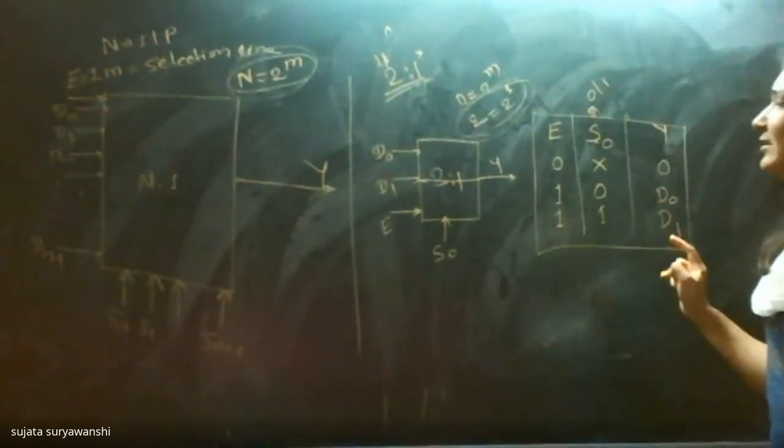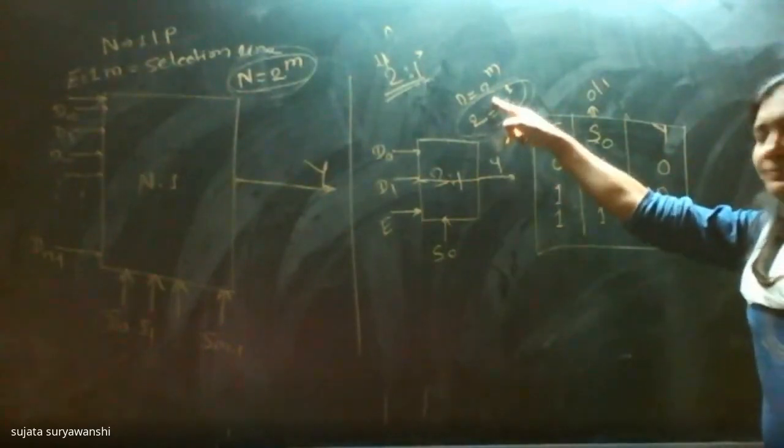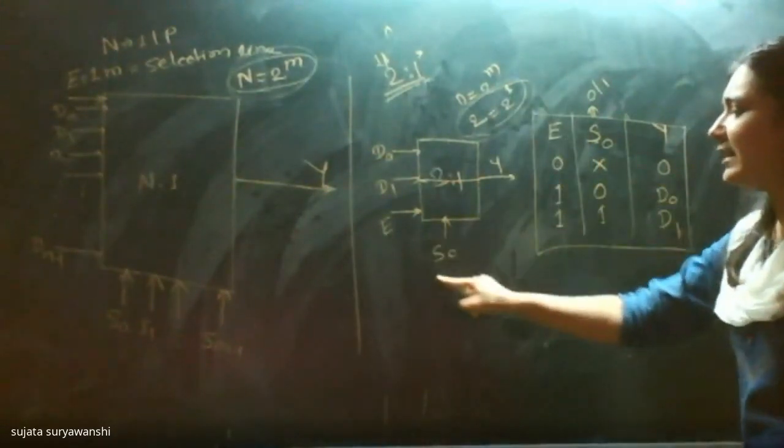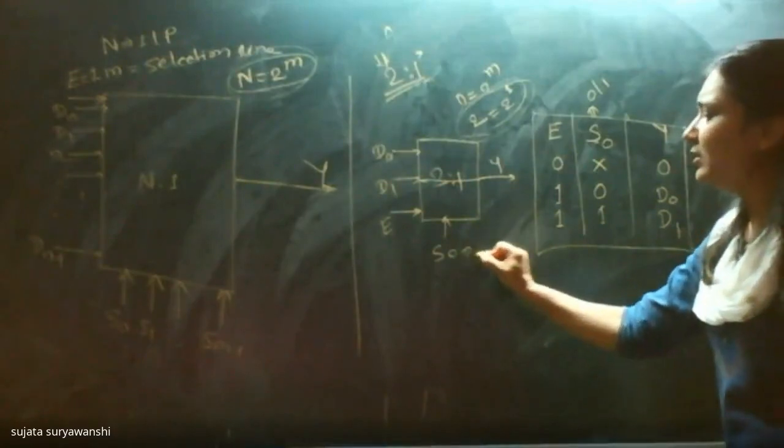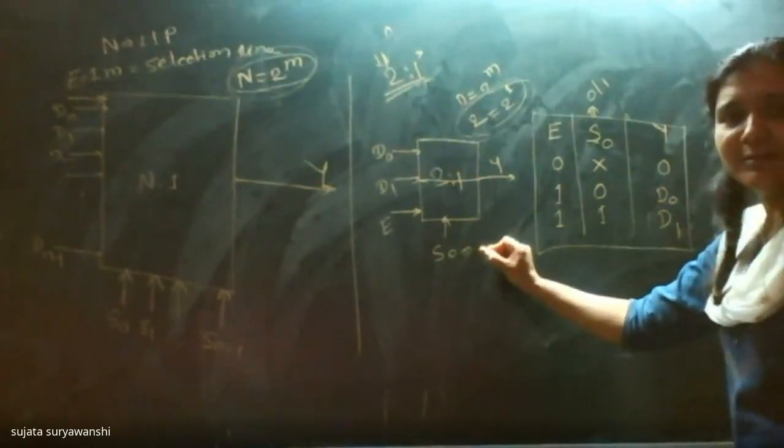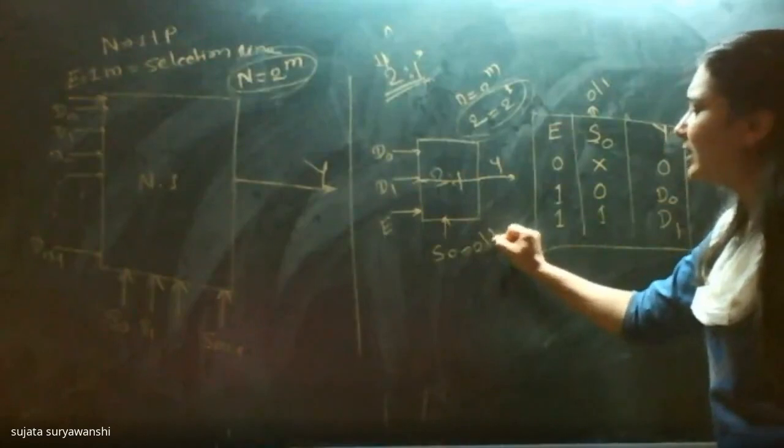We will get the number of select lines from this formula. This S0 is a single binary bit. It can be 0, it can be 1.